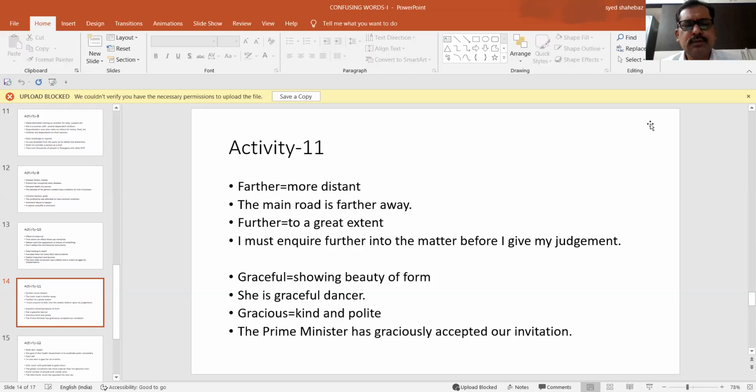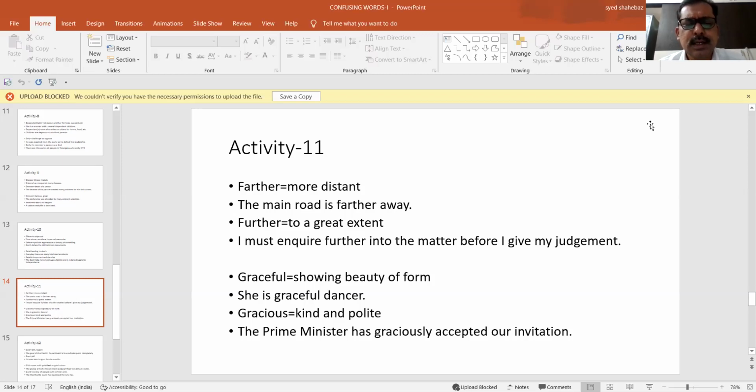Next, graceful, showing beauty of form. She is a graceful dancer. It means her dance is graceful, her movements are graceful and perfect. There is form and substance in that activity that is graceful, appealing to the eyes, pleasing to the eyes, and acceptable to a large extent, is gracefulness.